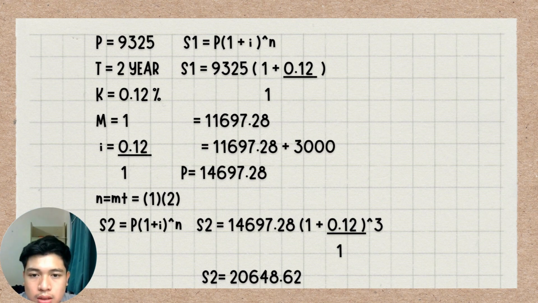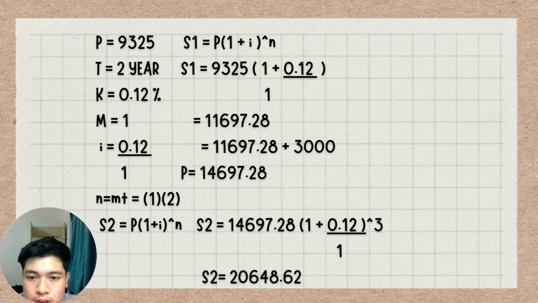Then I get 11,697.28. Then plus the amount that she added to the account. P equal to 14,697.28.